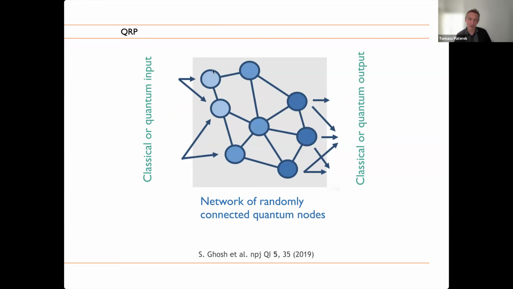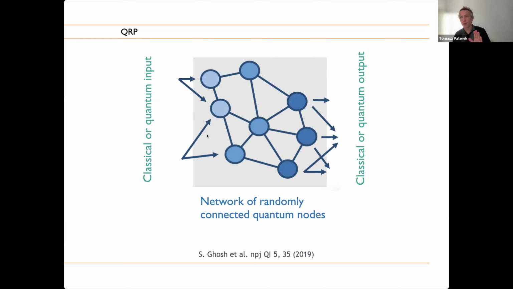So you have a number of quantum bits. I'll show you the exact model later. And you excite some of them. And this line here means that the excitation can hop, so for example, from this qubit, it can go here, then there, or back, and so on, right? It can delocalize over the network. And we're going to shoot into this some classical or quantum input.